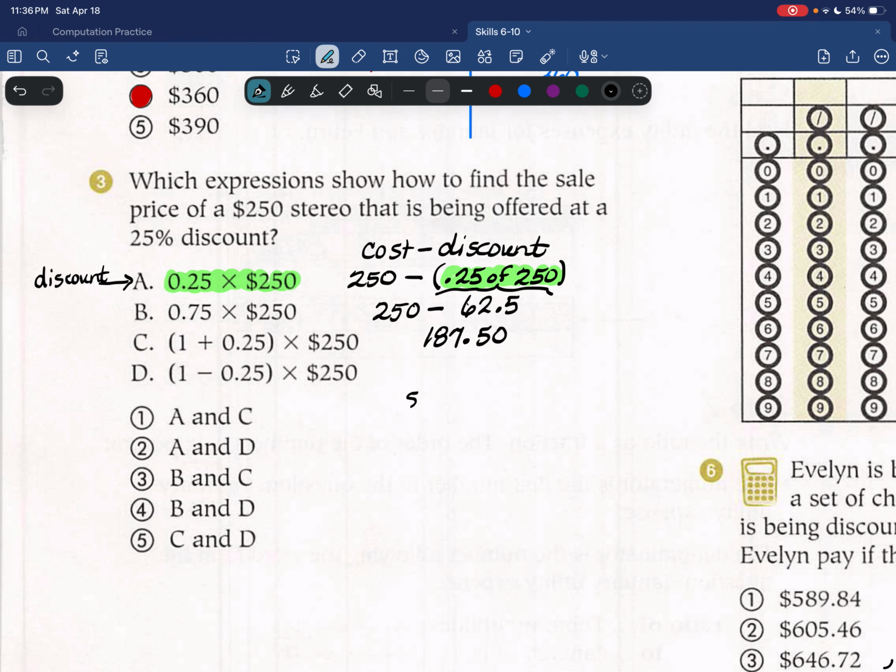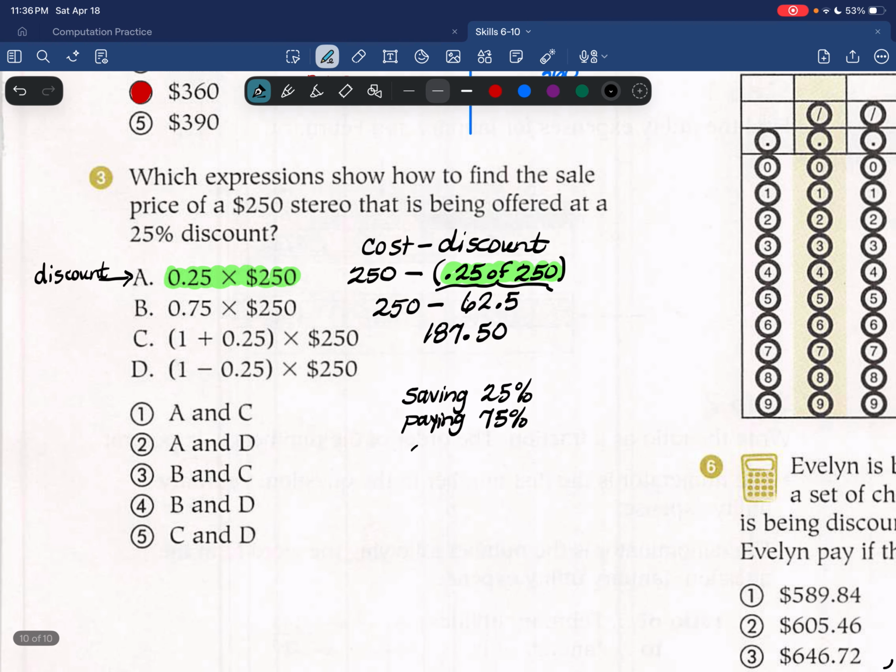If you are saving 25%, that means you are paying 75% because it has to total 100. So you are paying 75% of the cost, which is $250. So B is definitely one of them. This is a yes.